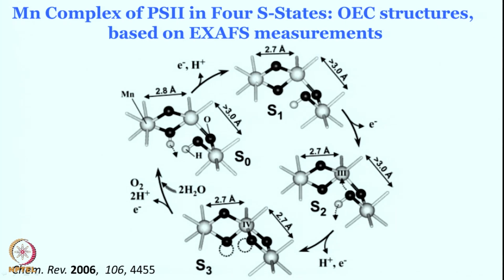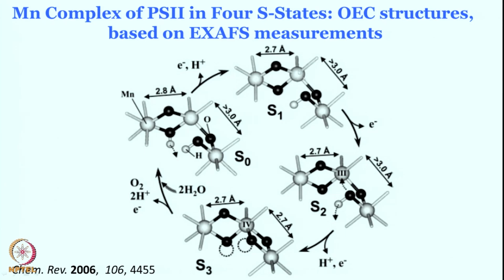The distance between these two manganese centers can be very critical, and as you see, only a very slight change in the manganese distance takes place. Subsequently, the second and third manganese distance turns out to be 3 angstrom, which remains constant even after these electron transfer and proton transfer processes.